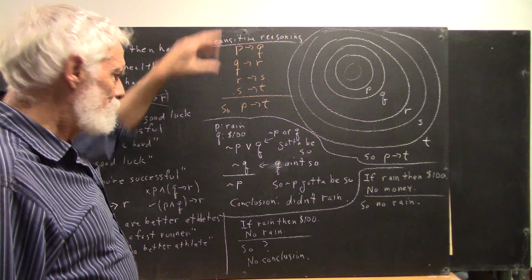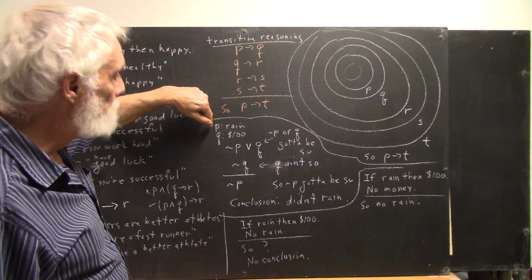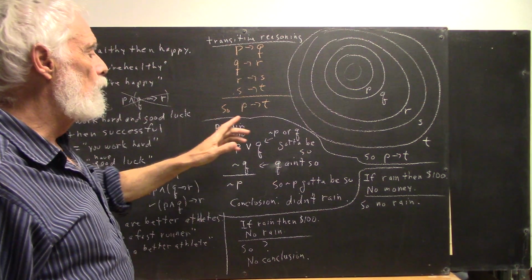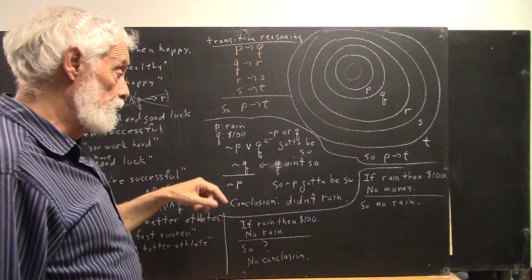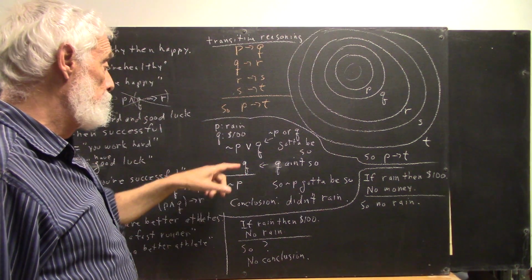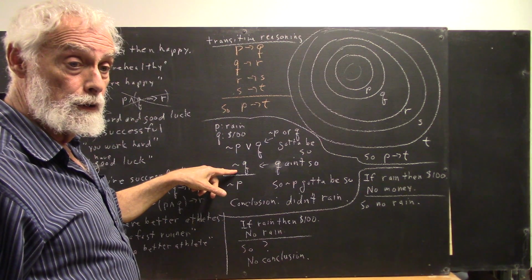Okay? Where P stands for rain, Q stands for $100, this stands for the statement. Okay? And then the other statement is, you don't get $100.